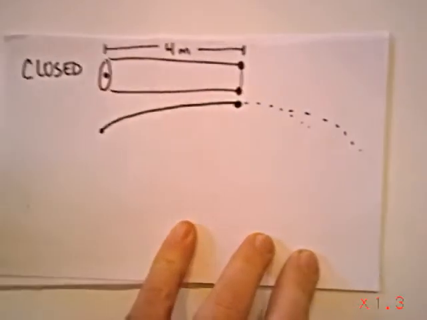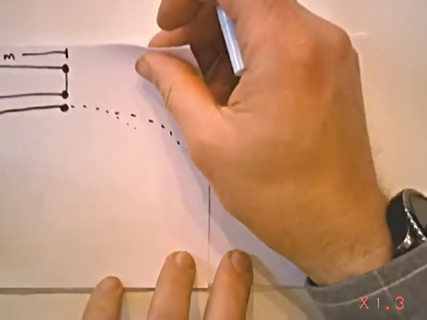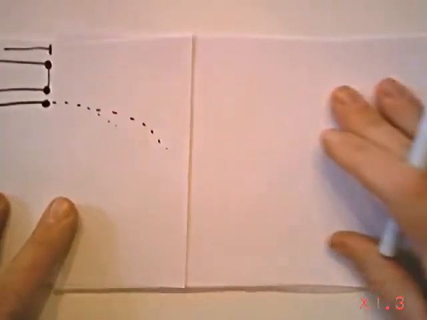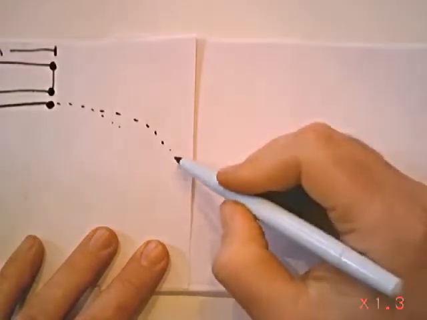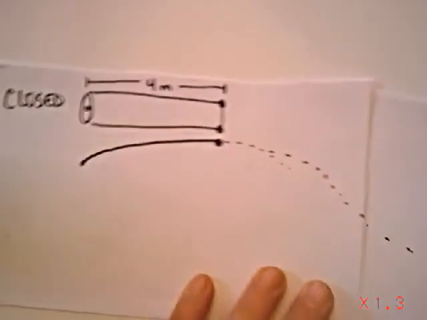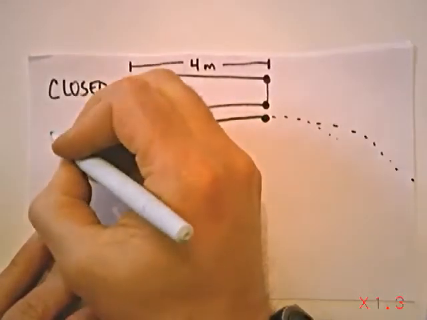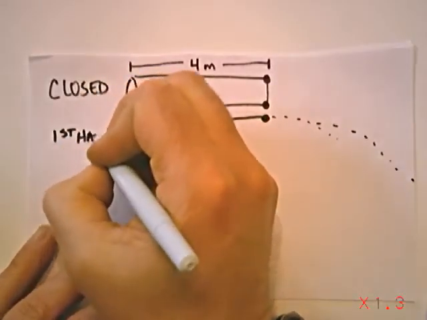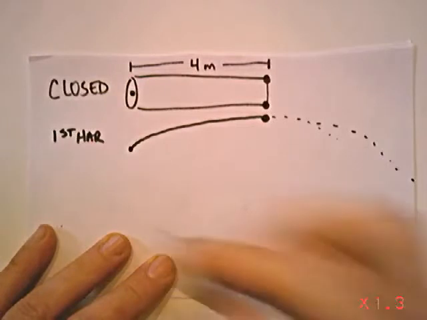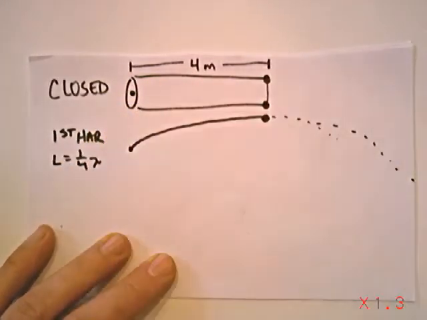And then it would continue on over here onto this other piece of paper, and it would take a whole lot of paper to actually get one wave. So what is represented here for our first harmonic is 1/4 of a wave. L only equals 1/4 of a wave because it went from node to antinode and then stopped.